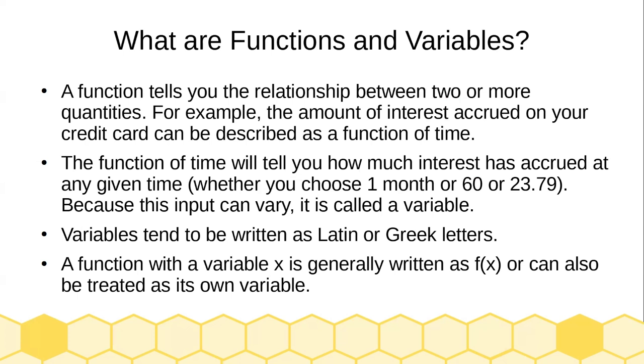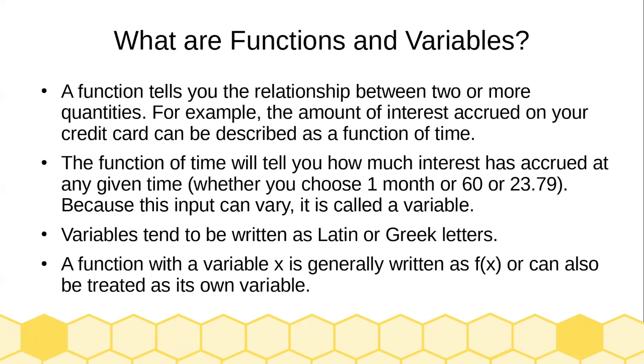So in 2035, you may owe $10,000. In 2045, you may owe $5,700. So the function is the output. It tells you how much you owe, and the variable, or what the function depends on, is called time.